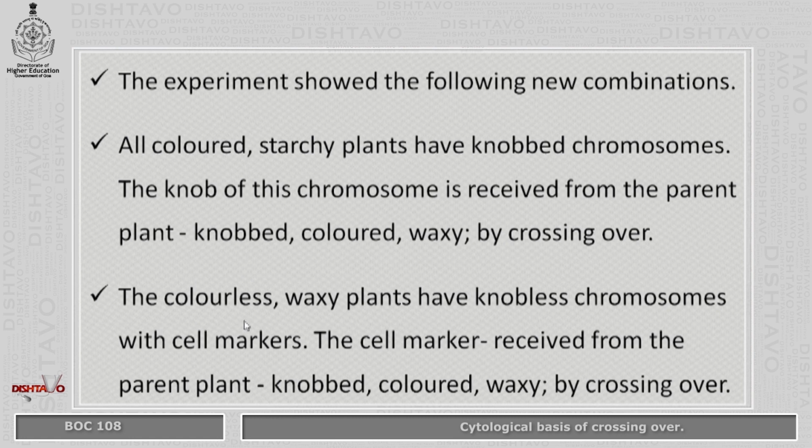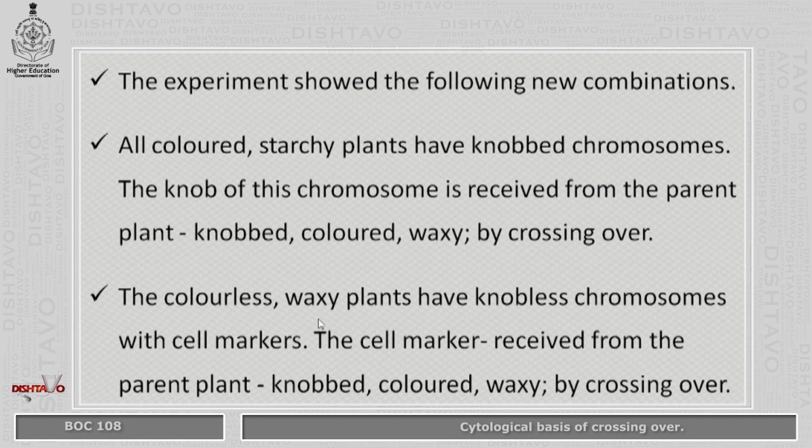The other type of progeny, which was a recombinant type, was colorless with waxy endosperm. These plants did not show the presence of the knob, so they were knobless, but they had the cell marker.